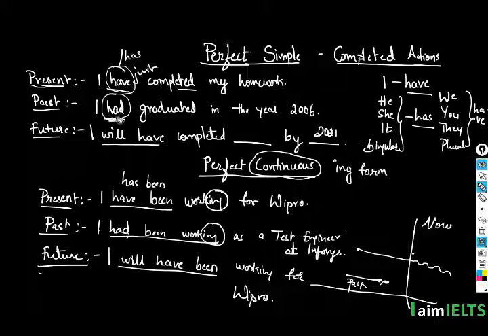It should be had. We use have only to talk about events that have recently finished. So you need to remember that it has to be a recent event. Whereas in past, it is not a recent event. We are talking about an event that finished a while ago.